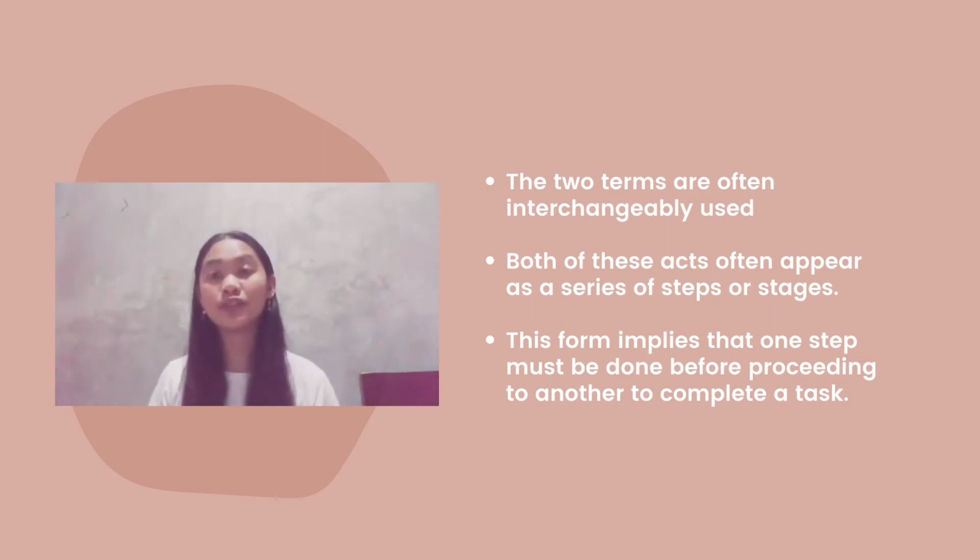Because of their almost the same meanings, the two terms are often used interchangeably. But it doesn't matter what you call it, because both of these acts often appear as a series of steps or stages. This form implies that one step must be done before proceeding to another to complete a task. And those steps contain the idea of the description.